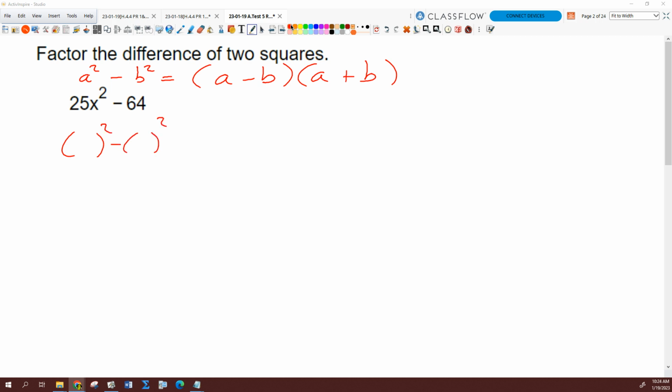What would the first something be on this one? Araya, what do you get? The first one would be 5x. And then 64 is obviously just 8 squared. So what's our pattern going to be, Persephone? How's that going to factor?